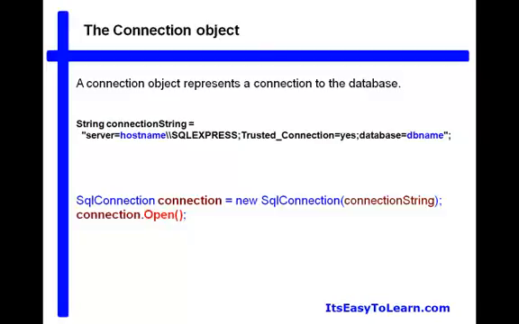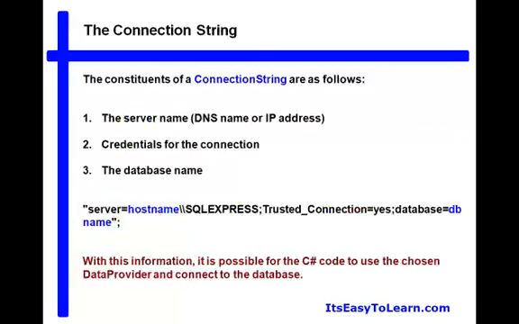A connection string comprises three parts: the server location, the credentials for the connection, and the database name. The constituents of the connection string are as follows: the server name, which is the DNS name or the IP address, the credentials for the connection, and the database name.